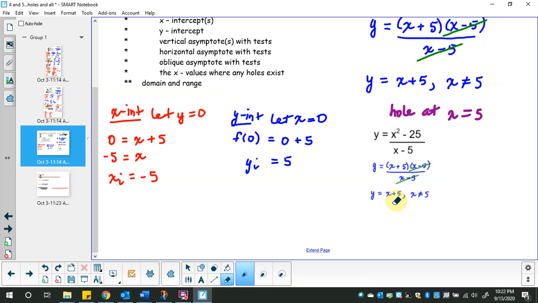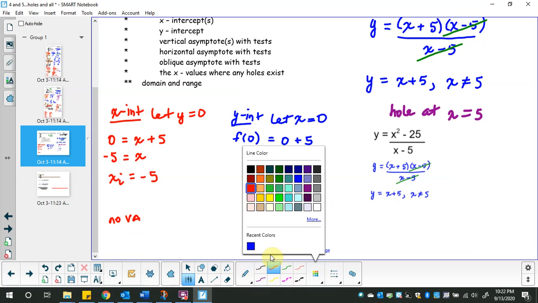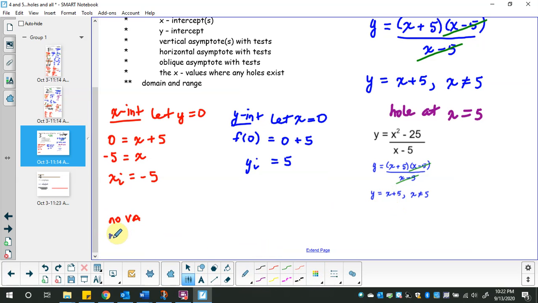Rationals are letter fractions, so I don't have one. So I actually have no vertical asymptotes. And because it's not rational, I have no horizontal asymptotes. And because it's not rational, I have no oblique asymptotes.